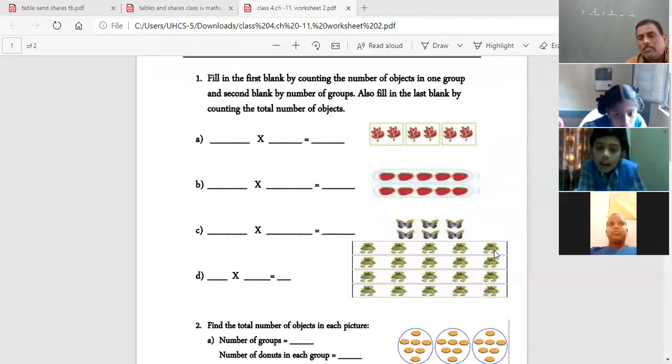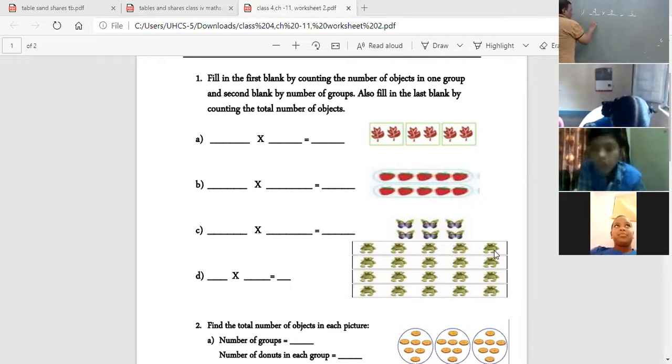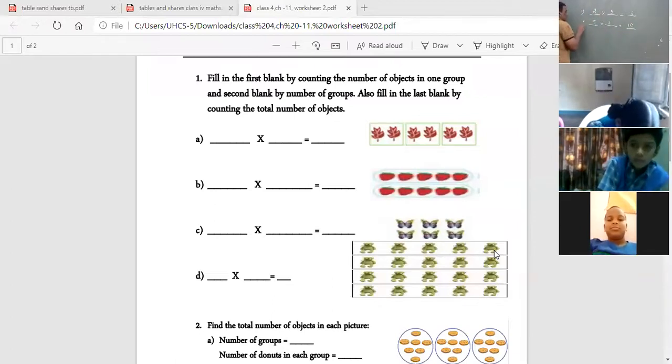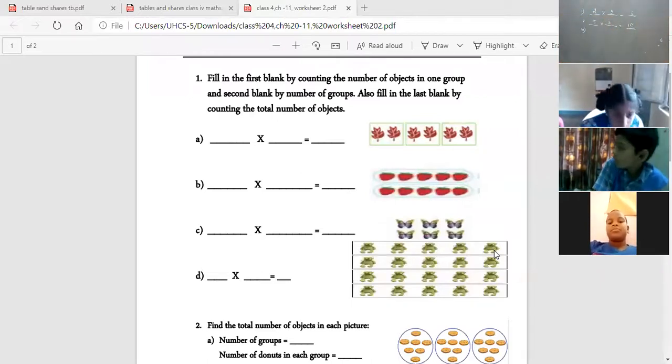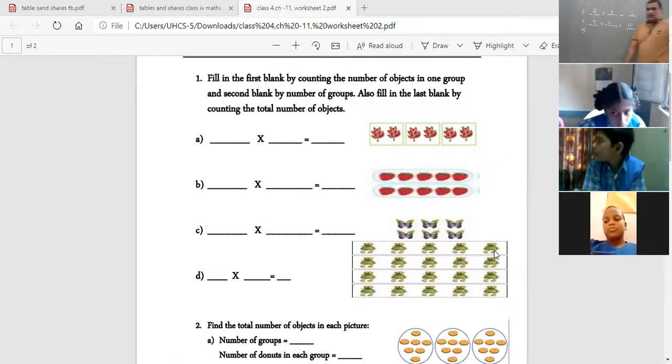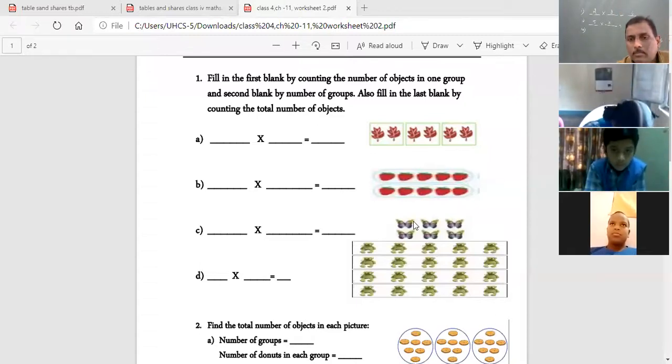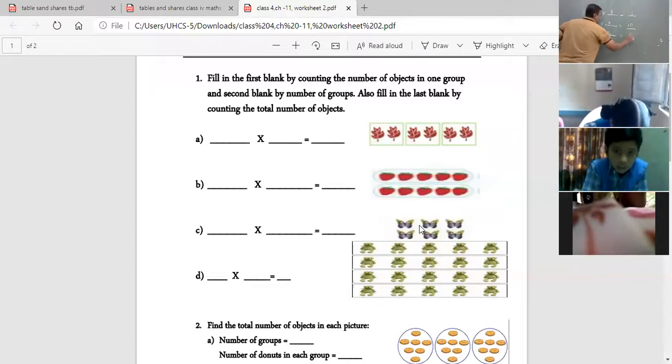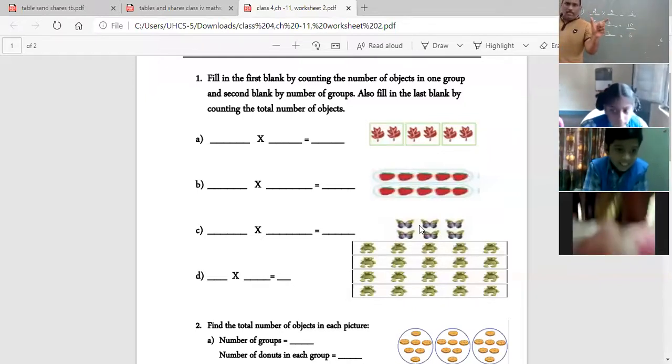I think they are strawberries. 5 strawberries are there, and 2 groups are there. 5 strawberries in 2 groups will be 10. 2 threes are 6. 3 butterflies are there in 2 groups.